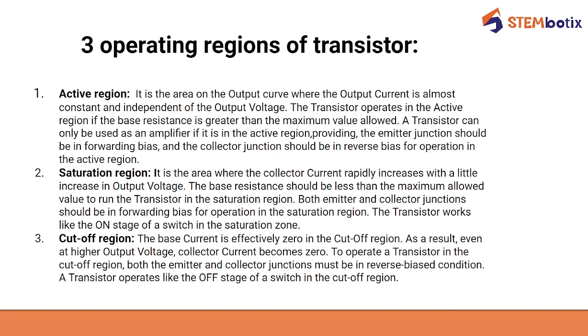The transistor operates in the active region if the base resistance is greater than the maximum value allowed, and a transistor can only be used as an amplifier if it is in the active region. So if you want to use a transistor as an amplifier, you need to operate it in the active region, with the emitter junction in forward bias and the collector junction in reverse bias.